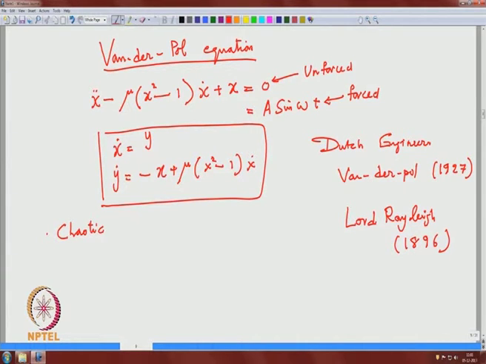There are also further studies by other people like Cartwright and Littlewood, who did a more detailed mathematical study later. Here, van der Pol, an engineer, did a complete study both theoretically and experimentally, and the more detailed mathematical analysis came a little later from these people.